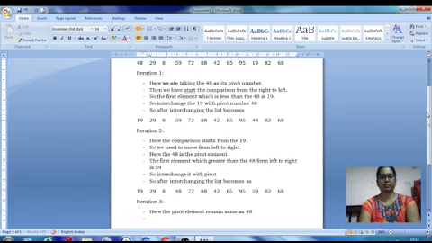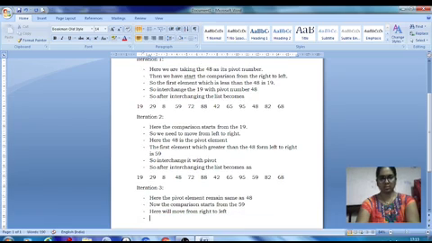Same as 48. So now the comparison starts from 59, and here we will move from right to left.